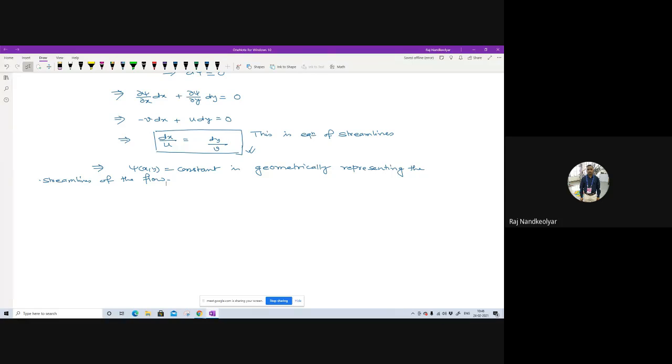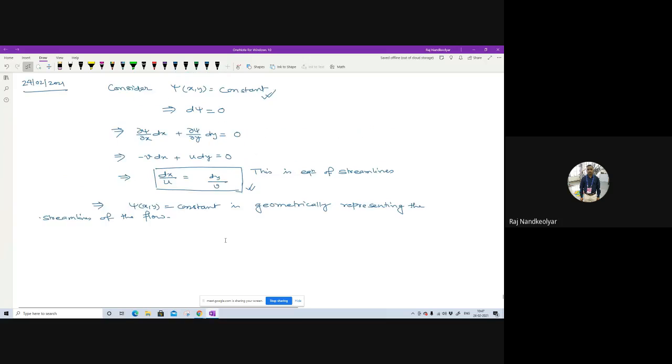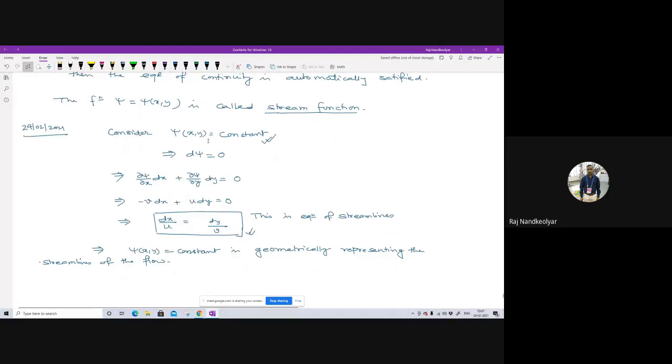For a 2-dimensional flow, you can discuss like this. However, even if you have a 3-dimensional flow, the stream function exists. It is not that it doesn't exist. But this kind of discussion may not be valid in that case, because psi may be a function of x, y, z.